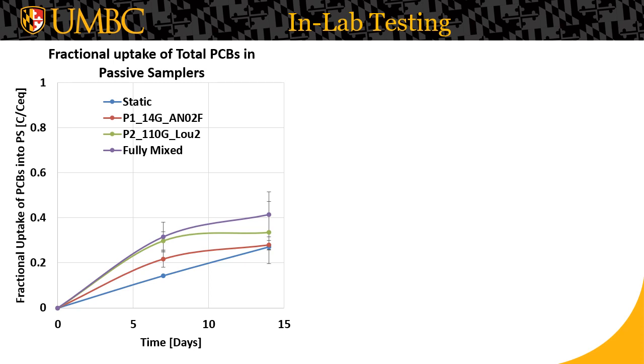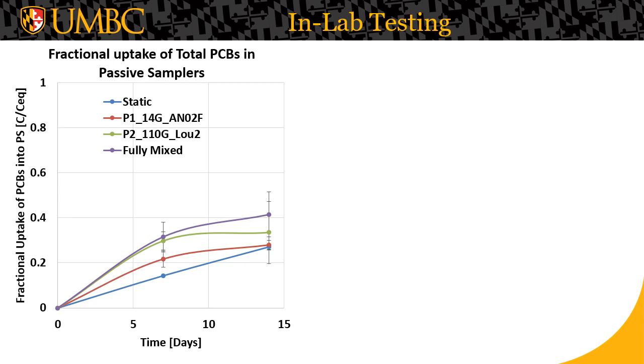We see that the vibrating prototypes are approaching equilibrium faster than the static, and this is because of the periodic vibration which is breaking the water boundary layer close to the passive sampler and enhancing mass transfer. The fully mixed scenario is closest to equilibrium, but we were anticipating even faster kinetics, but probably that is not the case because of less flow in the system.